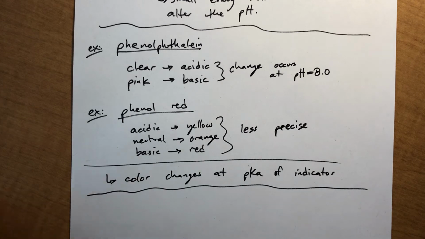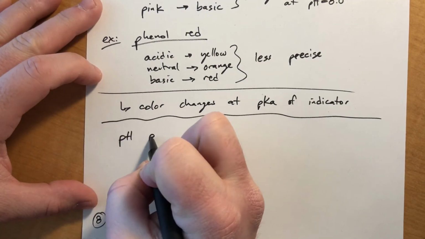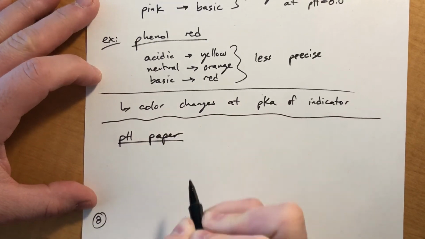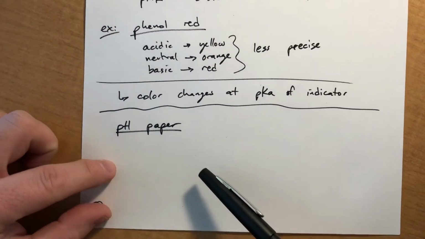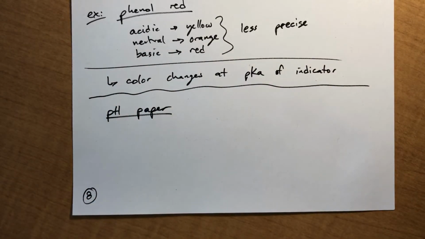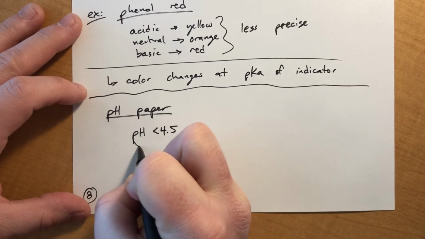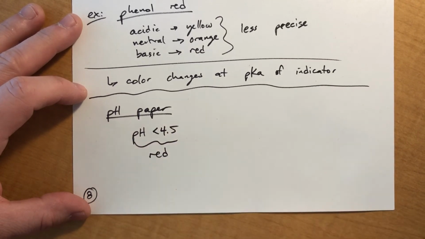Okay. We probably shouldn't also overlook the idea of pH paper. pH paper is literally just a strip of, it's essentially the same material as filter paper, and it's soaked in 2 different indicators. And the way it works is if you have a pH less than 4.5, it's going to be red.